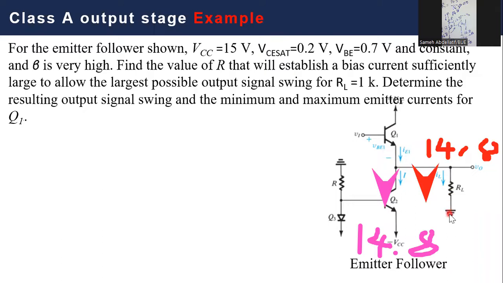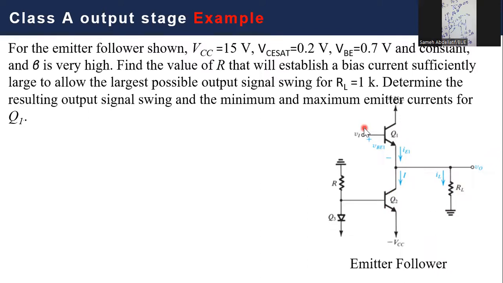Some of this current will go in this direction and the other will go here. Here we have 14.8 milliampere. Here we have 14.8 milliampere. So the total current flowing here at the maximum condition will be 2 times 14.8, which is 29.6 milliampere, or double the current flowing in the current source, whatever it is. This is a condition for maximum.